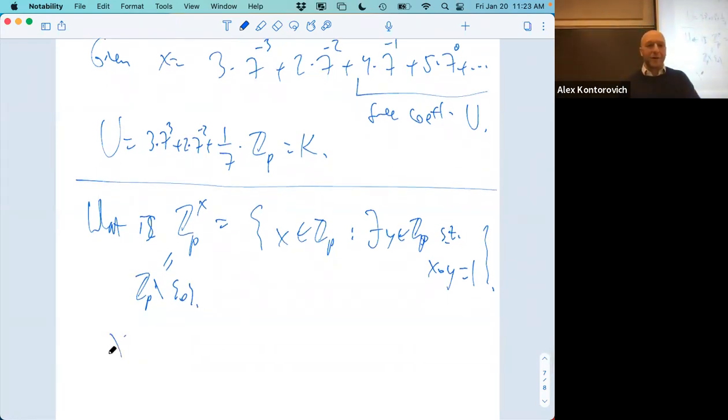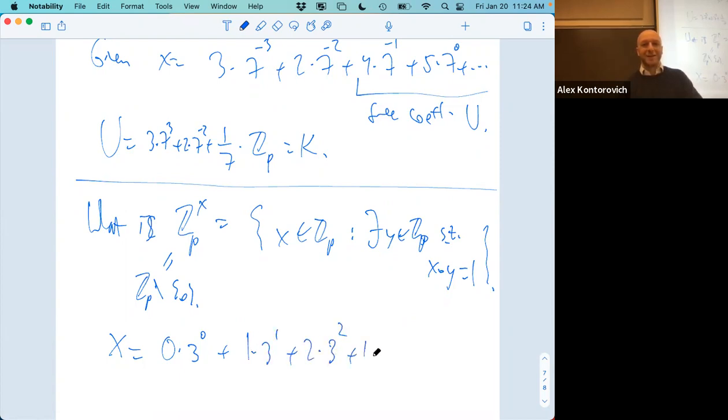So let me give you an x which is not 0. So 0 times p to the 0, let's do this in, say, p equals 3. You see something wrong? The inverse, that's right. So I'm about to write something that will have an inverse that's not in Zp.